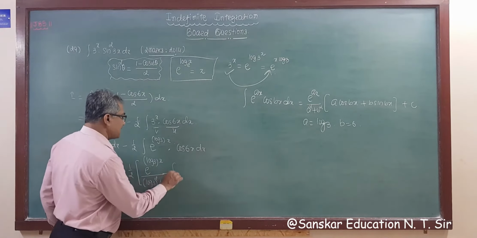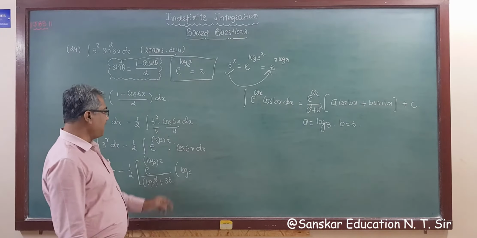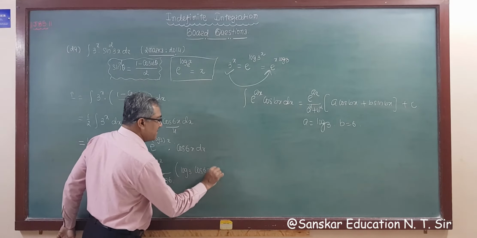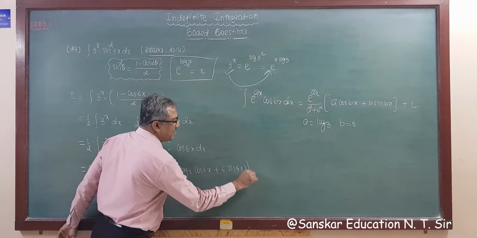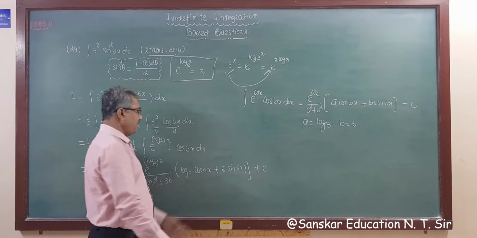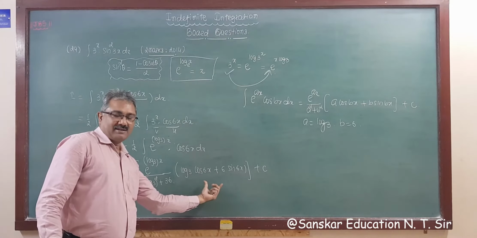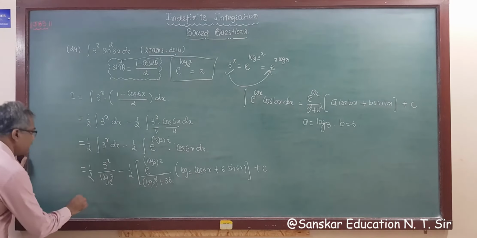A is log 3, so log 3 into cos 6x, plus b is 6, sin bx is sin 6x, and bracket over, plus c. So in the PDF answer, I missed out this in typing, that is a typing error.